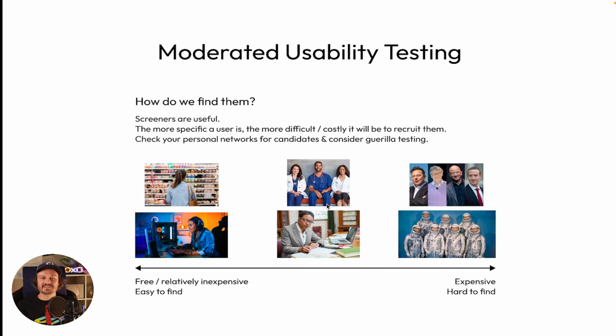And your compensation per tester is going to go up, possibly tremendously, depending on who you're testing. A general practitioner versus a cardiologist, for example, you might need to consider increasing your compensation depending on, again, how specific you are with your testing.